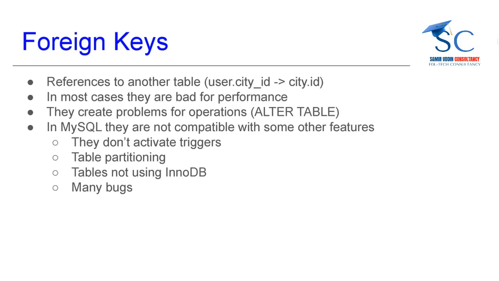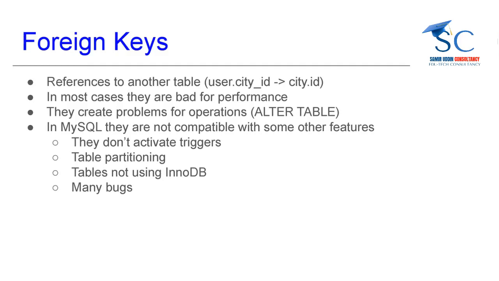So let's talk very briefly about foreign keys. Foreign keys are keys in a table that reference columns in another table. So for example, a user table could have a column called CTID, which has a foreign key that points to table CT column ID. Okay, it is quite simple.